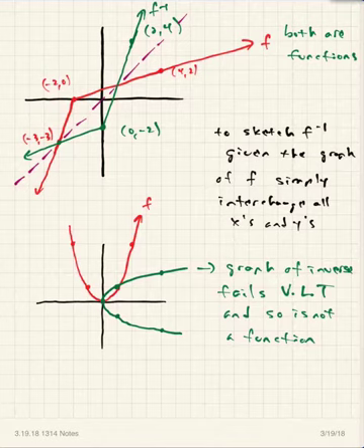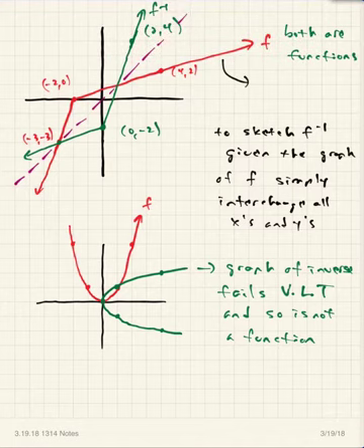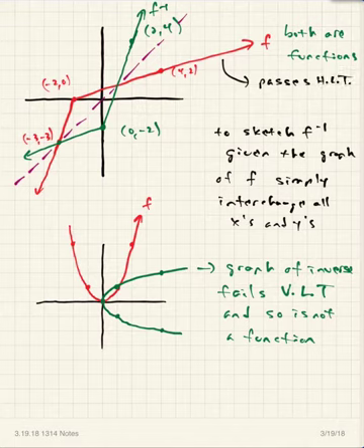So since they're both functions, the reason why the original function's inverse was a function is that the difference between the first one and the second one is that on the first one, this graph f passes what we call the horizontal line test. In other words, if you draw horizontal lines, they only intersect that graph in one place. We've never talked about the horizontal line test before.